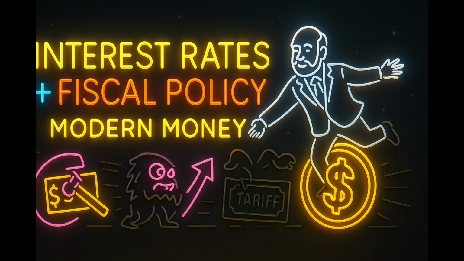And finally, because of all this, some MMT proponents argue for a permanent zero interest rate policy, ZIRP. They think fiscal policy should be the main tool, and ZIRP could also help reduce wealth concentration from interest. So here's something to really mull over. If this MMT view is right, or even partly right, if the standard story about interest rates is incomplete or maybe even a bit misleading, how should that change how you think about economic policy?